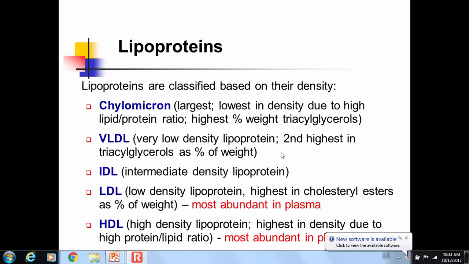Also try to remember what factors, including hormones and metabolites, intermediates, regulate HMG-CoA reductase. How does insulin regulate HMG-CoA reductase? Increases, right? And what about glucagon? Inhibits, okay.